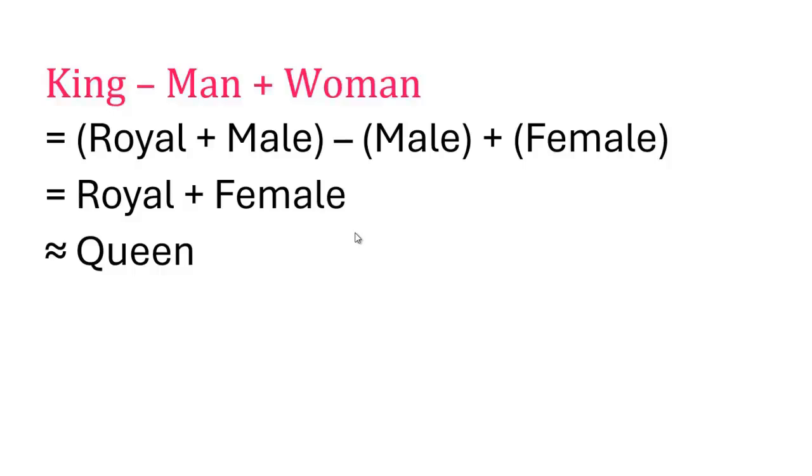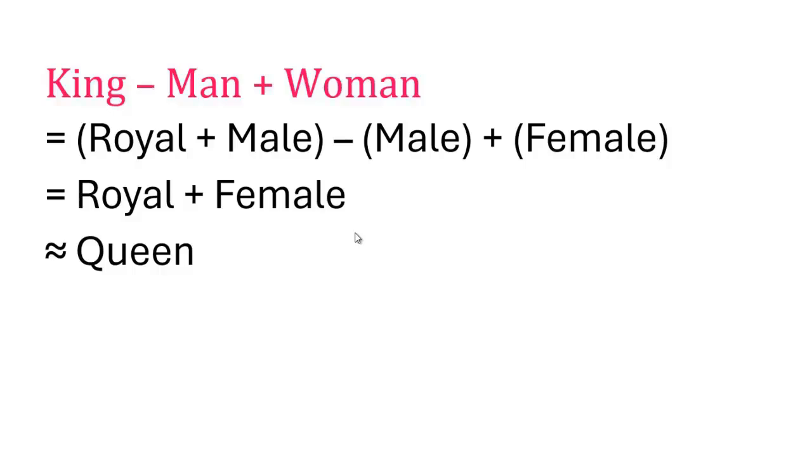And the most surprising thing about this is the model was never explicitly told this rule. It learned these relationships naturally from the large-scale text during its training. So embeddings don't just help the computer to understand similar meaning, they also understand concepts and relationships between meanings. So you can see this example is proof that embeddings represent meaning in a mathematical space.